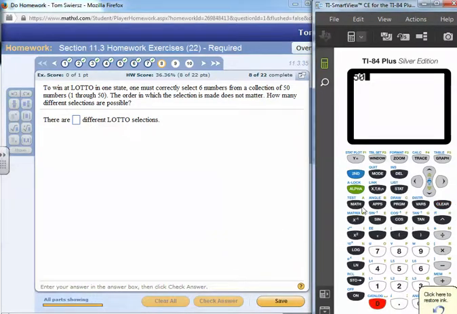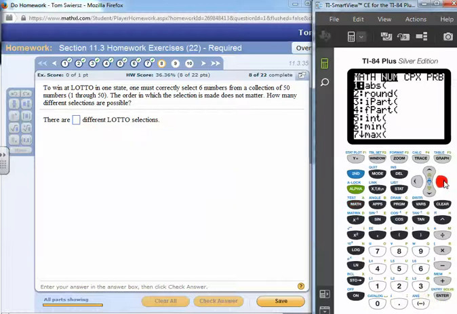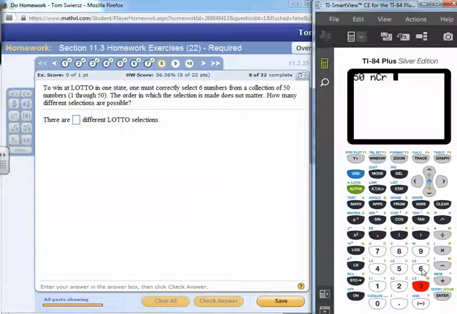50 is the total numbers, math, and then over to 3 places on the menu at the top to highlight PRB, probability, choose a combination because the order doesn't matter, and we're selecting 6 numbers.